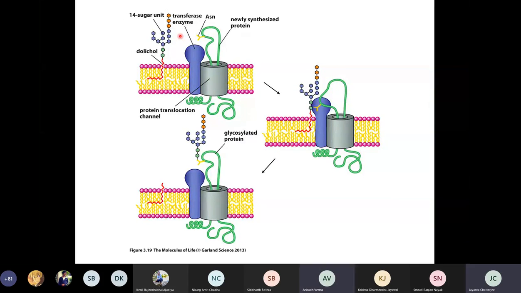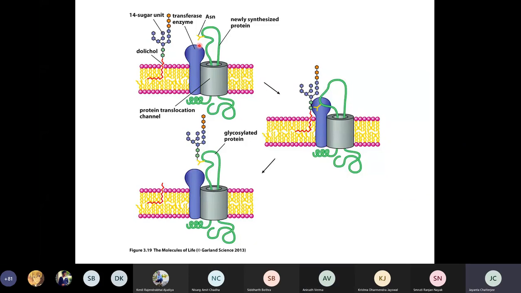Whereas in N-linked glycosylation, this large oligosaccharide unit is transferred onto this asparagine in one step. In the other case, there are different enzymes for the different steps. For example, the first one can be glucose, the second one can be mannose, the third one can be fucose, and for each of these you need different transferase enzymes.